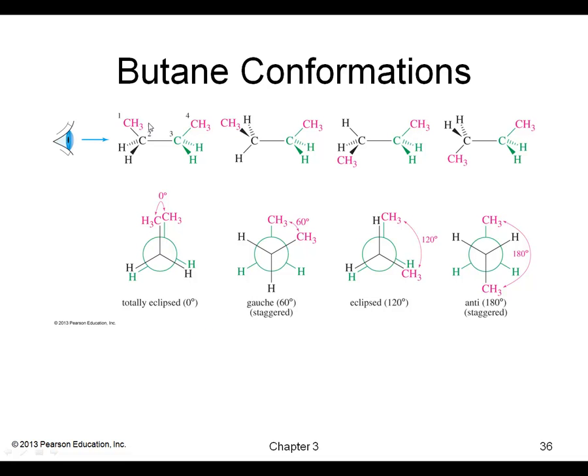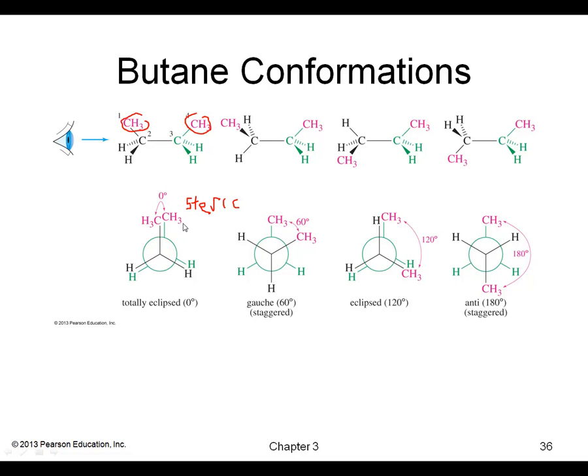Butane, for butane, now we have two CH3s on each of the carbons. So those CH3s can be right on top of each other. This will generate a lot of steric strain. So remember, steric strain is two non-hydrogen groups getting close to each other.